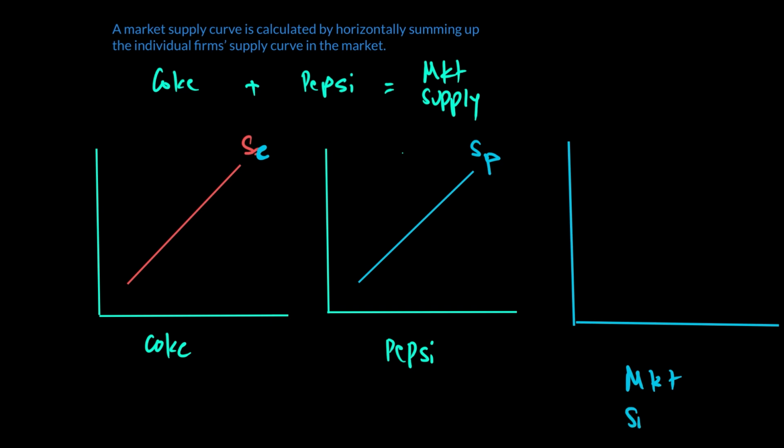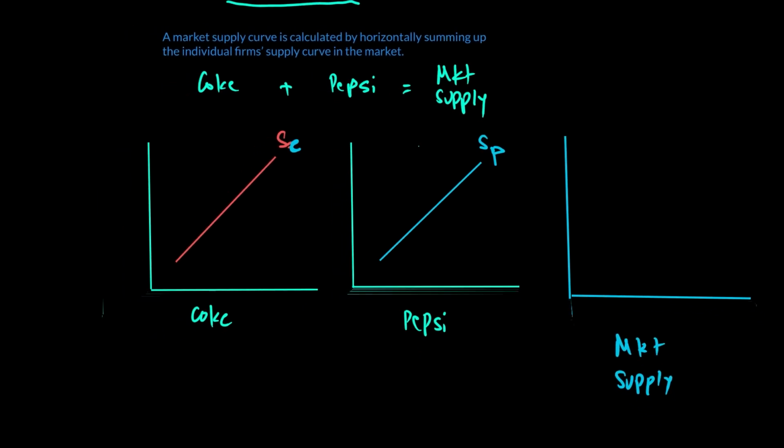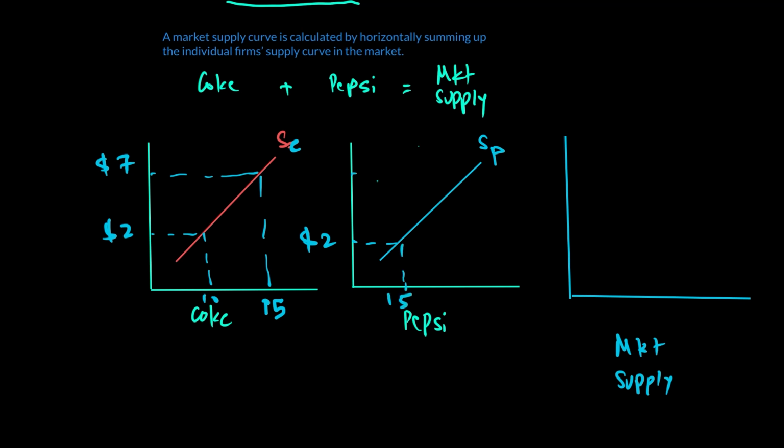So for example, at the price of $2, Coke was supplying 10 units, but at the price of, for example, $7, Coke is supplying 15 units. On the other hand, Pepsi at the price of $2 is supplying, for example, 15 units, and at the price of $7, Pepsi is supplying, for example, 25 units.